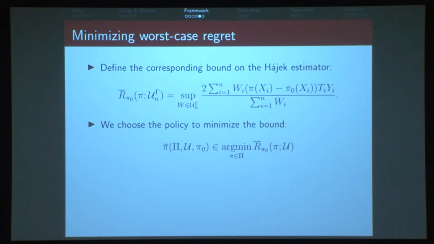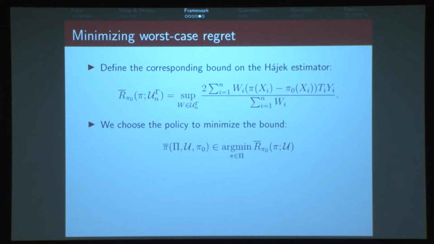By doing that, what I get is the policy in some candidate set of policies, cap pi, that minimizes the worst case regret. Okay? So the candidate set of policies can, for example, be hyperplane policies, right? So if I can choose some hyperplane and choose to treat on one side, not to treat on the other side. It could be trees. We'll see examples of different policy classes later on.